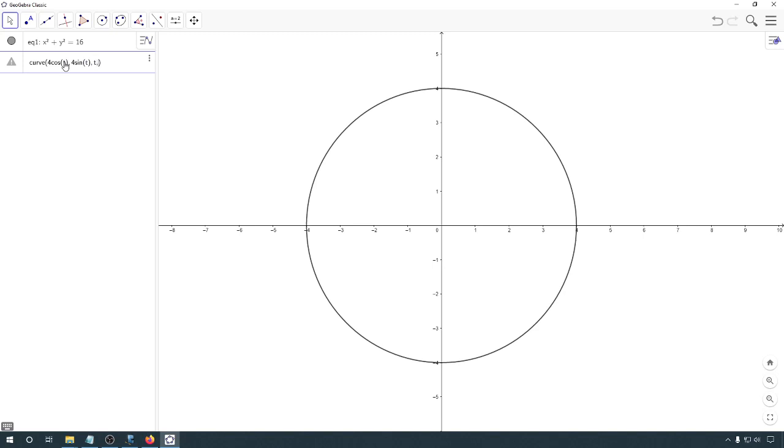Our parameter is t. And we're really looking at what parameter values do we want to take? Well, on our unit circle, and this is really just the same angles as the unit circle, we'd have 0 here, pi over 2 here, but if we want to go from here all the way around to here, we have to go back to negative pi over 2. So we go from negative pi over 2 to pi over 2.